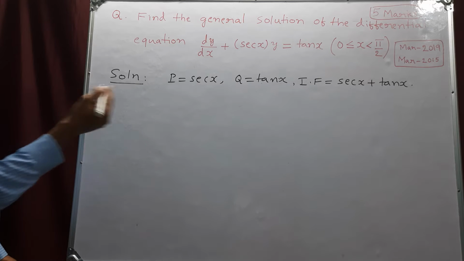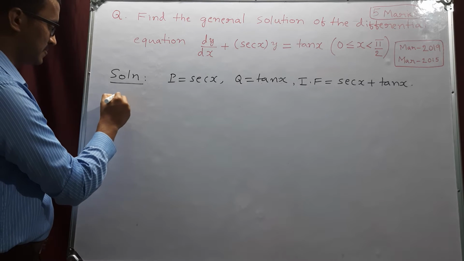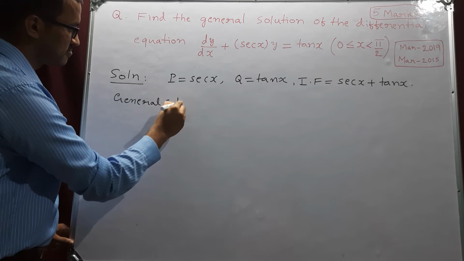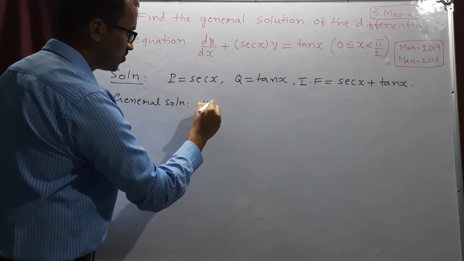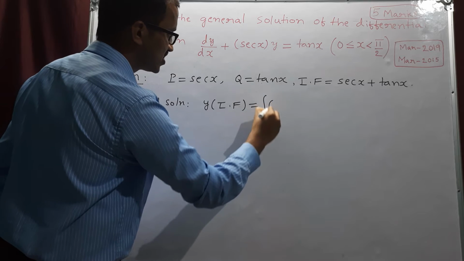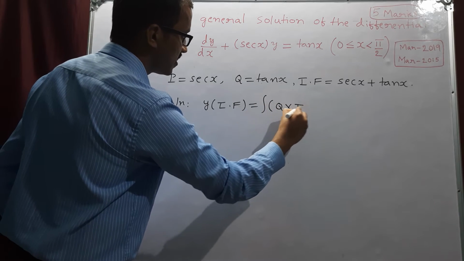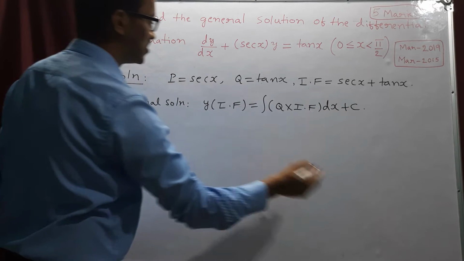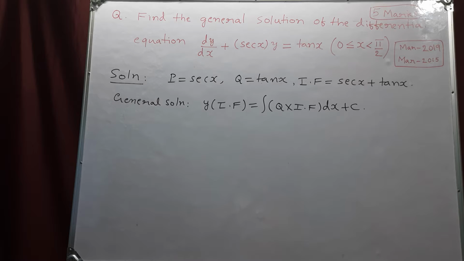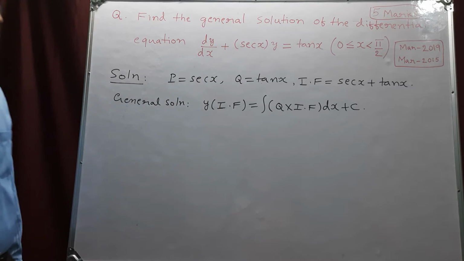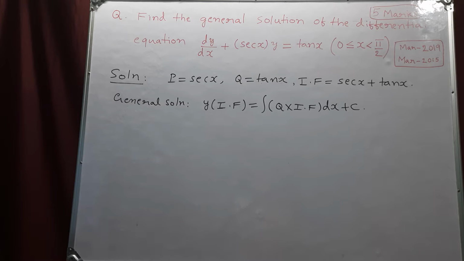Now the general solution. The general solution is given by y into integrating factor is equal to integration of q into integrating factor into dx plus c. This is the general solution of the linear differential equation of the form dy by dx plus py is equal to q, where p and q are functions of x.